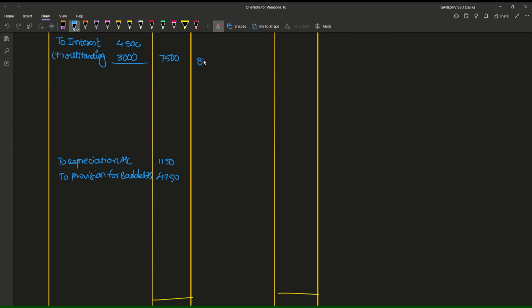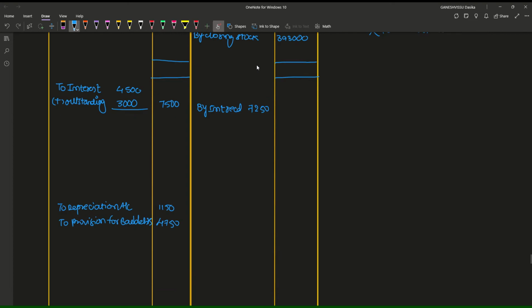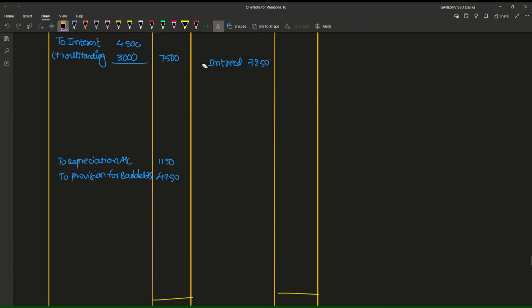By interest received, which is 7,250, which they have given us, and add outstanding or accrued 10,000 rupees. So 17,250 is to be shown in the outer column. So we have bifurcated. That's it.